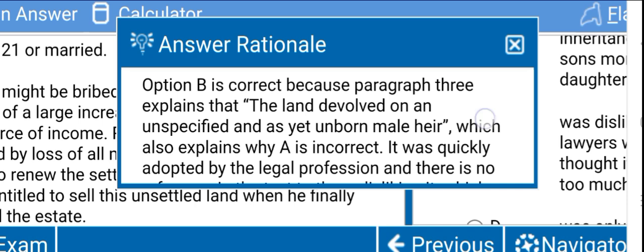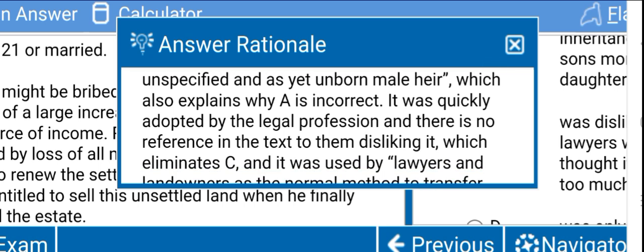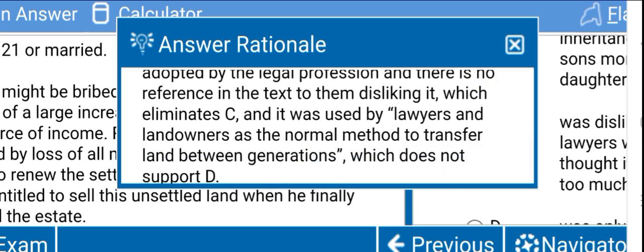It was quickly adopted by the legal profession and there is no reference in the text to them disliking it, which eliminates C, and it was used by lawyers and landowners as a normal method to transfer land between generations.